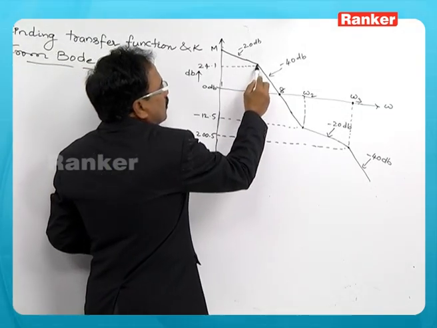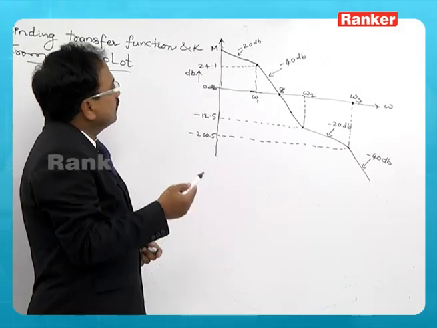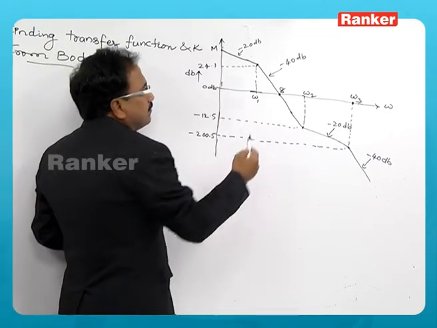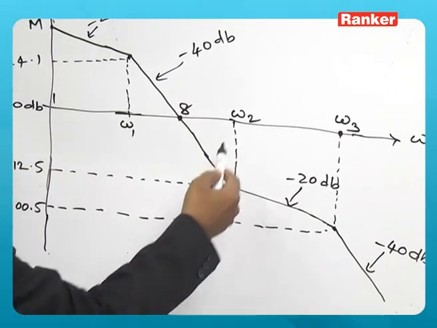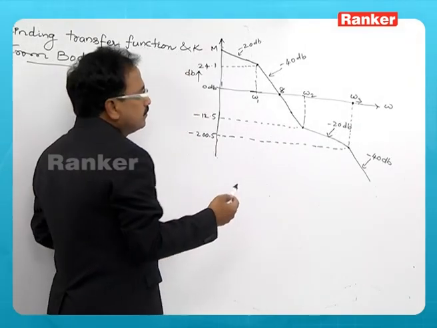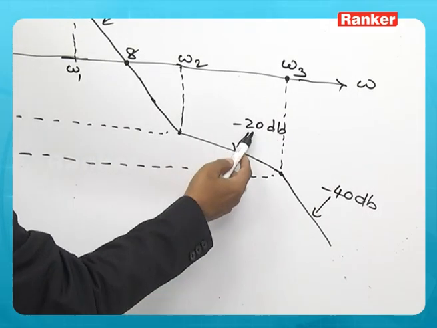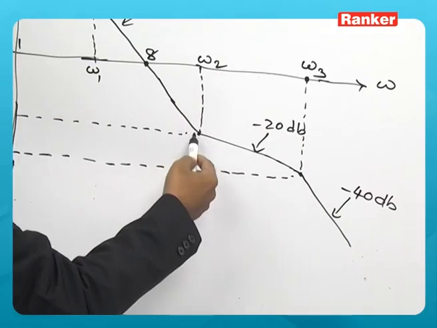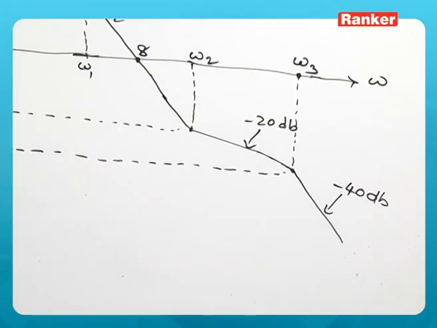Then the slope changes here to minus 40 dB per decade. That means a pole is added to the existing pole, and this minus 40 dB is maintained up to the next corner frequency omega 2, and you can see now the net slope becomes minus 20 from omega 2. So minus 40 has become minus 20, and at omega 3 again it has become minus 40.